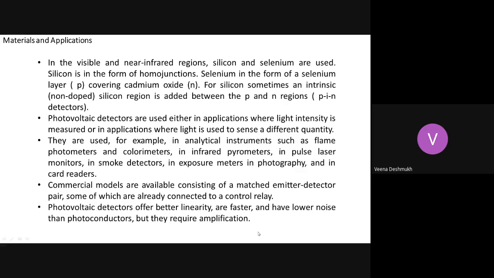So photovoltaic detectors offer better linearity, are faster, and have lower noise than photoconductors. But they require amplification. Now, wherever you come across this requirement of amplification, there the energy level developed is very, very low.